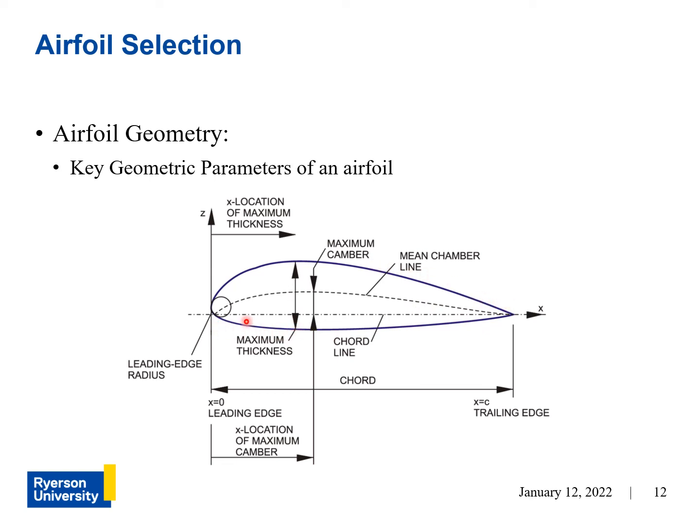So naturally that translates to higher stall angles, which again will allow for more lift at takeoff and landing situations, for example. Now, a small radius is more beneficial for faster aircraft because it produces less drag, because a larger leading edge radius will have a blunter cross section, and that will cause more drag.